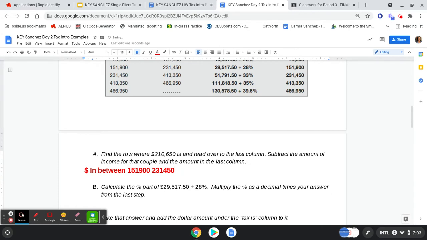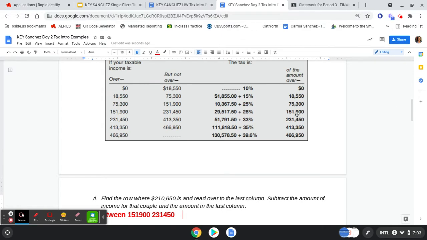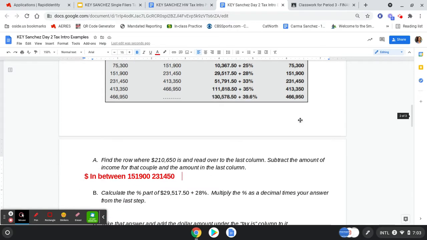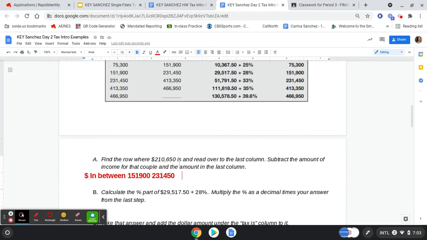Then it says to read all the way to the right-hand side, and it says for amounts over 151,900. So our income is 210,650.